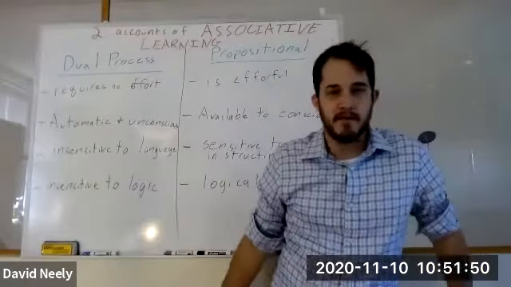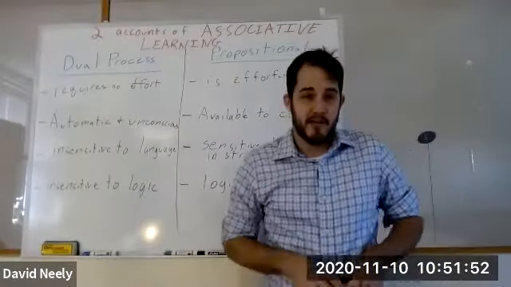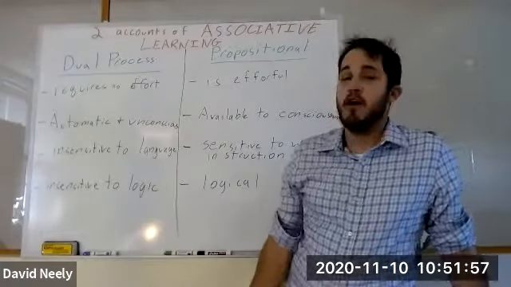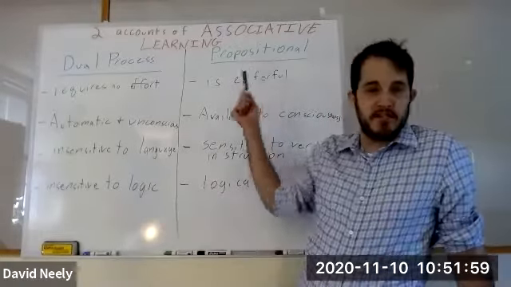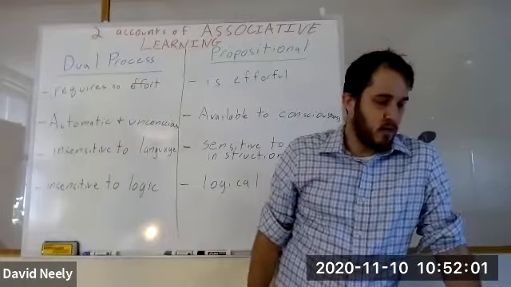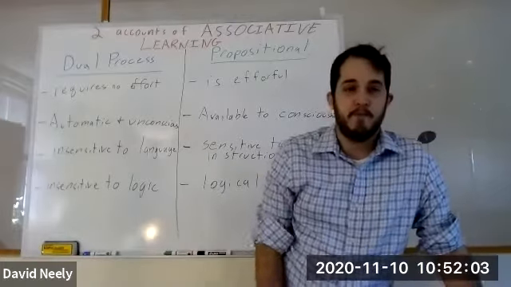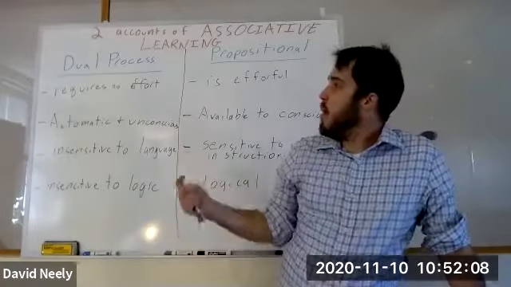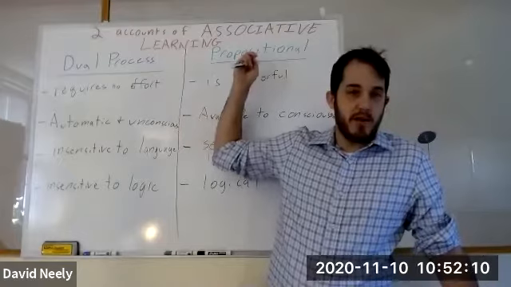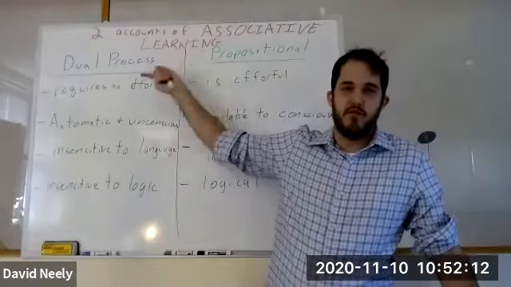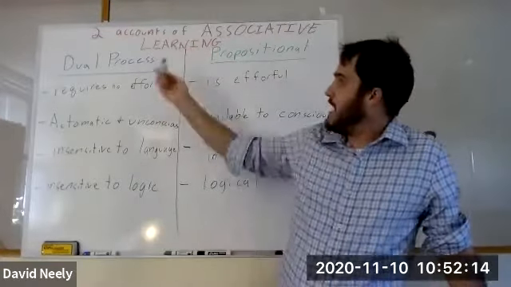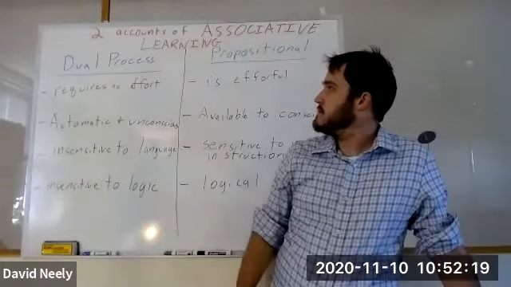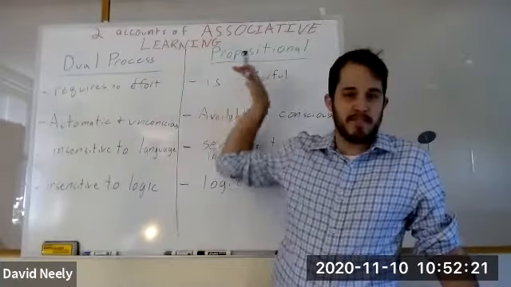So what I want to talk about today is the evidence in the Mitchell, De Houwer, and Lovibond article that is designed to show that the propositional view is the correct one. And this is going to serve two purposes. One is that it's just going to allow us to investigate this question of which one's right. And at the end of class, we're not going to have a clear-cut answer, but we'll see arguments on both sides.